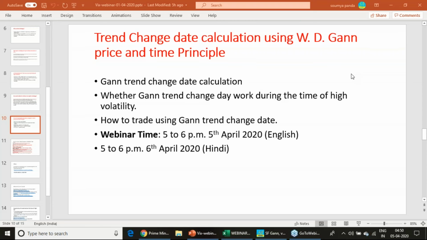So this was a 6 days program. We have started on 1st April. On 1st April, you have learnt about the bottom calculation using the VIX and the Fibonacci. Second, you have learnt about the option strategy, which kind of option strategy should be suitable in the high VIX condition.